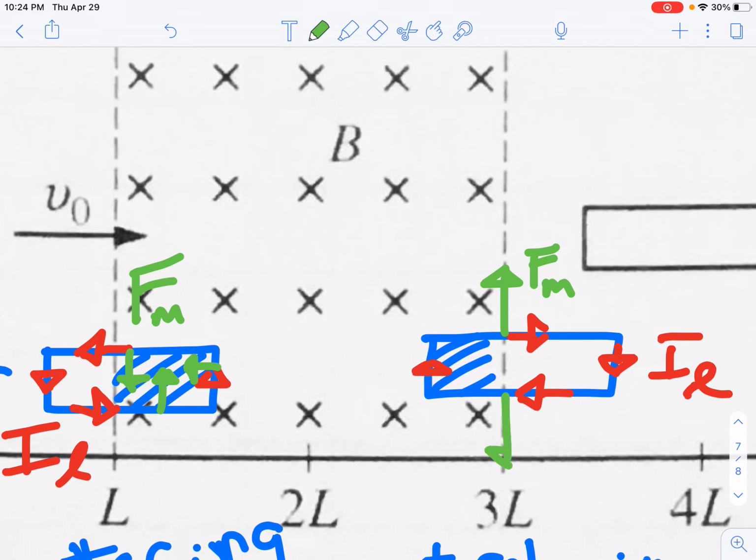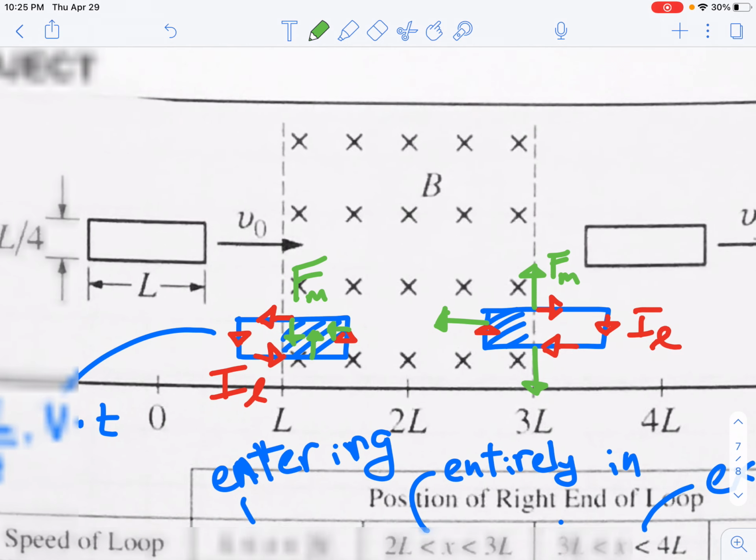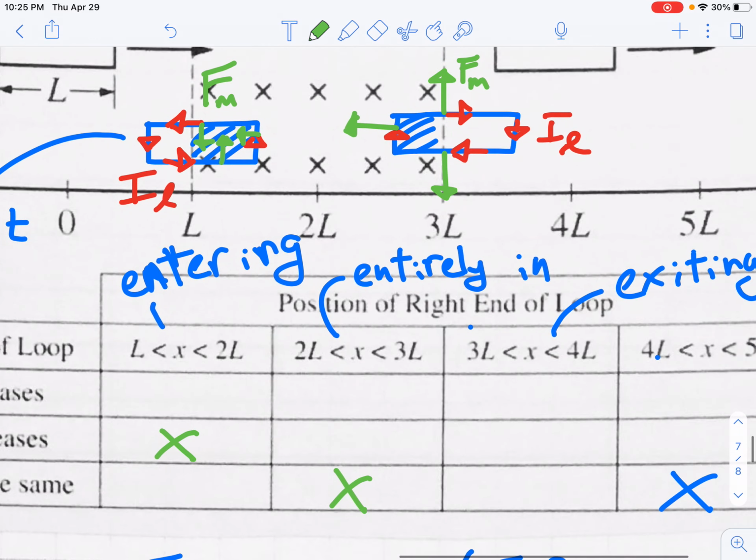On the bottom, it would point down. There is no force on the right side because there's no magnetic field. And on the left side here, you point your fingers up, curl your fingers into the page, and you will get a force to the left. Again, the opposite direction of velocity. So here, the speed will decrease as well.